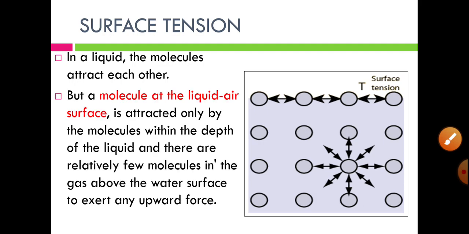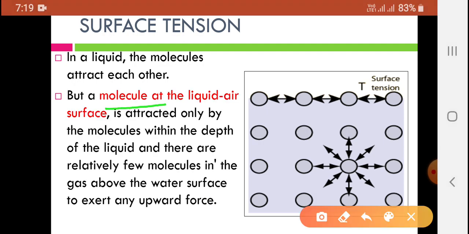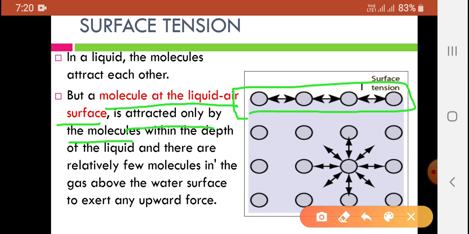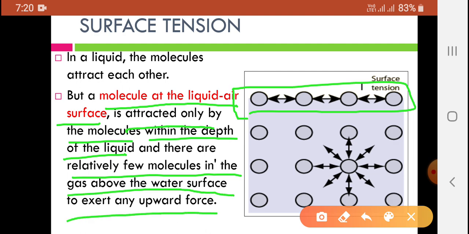While talking about molecules which are present on the surface, molecules at the liquid-air surface, that means these molecules. Molecules which are present on the surface get attracted only by molecules within the depth of the liquid, and there are relatively few molecules in the gas above the water surface to exert any upward force.